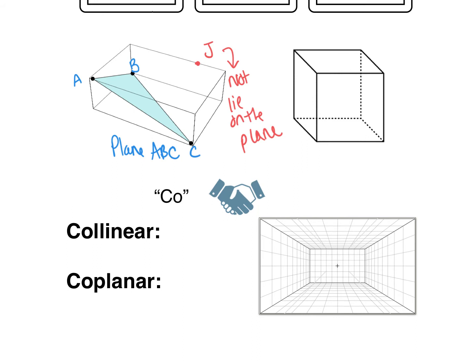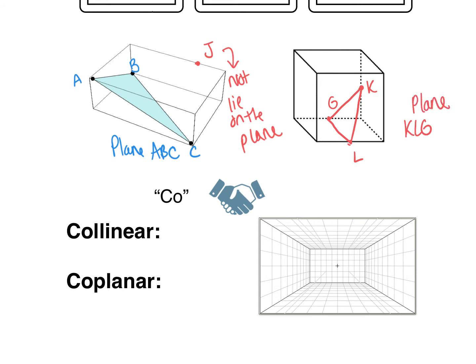Same with if I were to label a box, or if I were to draw some sort of plane in here. Let's say I label a point K, a point here L, and a point here G, okay? Then I can say that points KLG make a plane, okay?